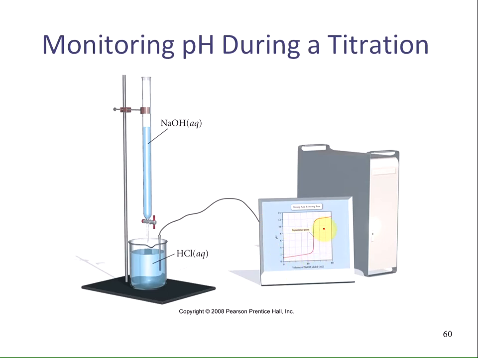You will be creating your graphs in the lab by hand, and you will add volumes of your known concentration from your burette to your titrant. So you'll be measuring your volumes and measuring the pH, and you'll plot the volume versus the pH.